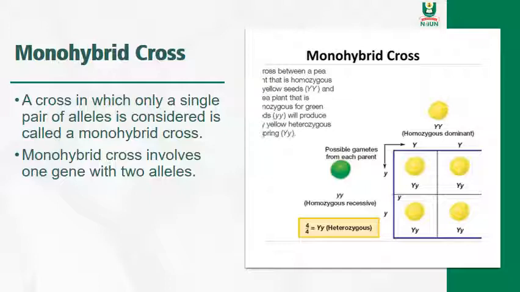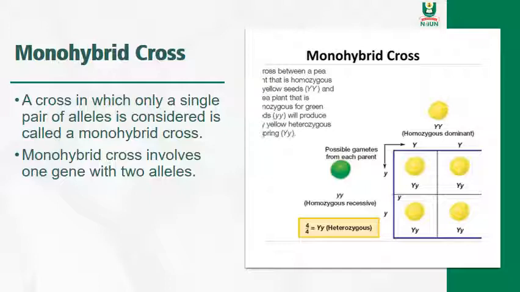This is a cross between a pea that is homozygous for yellow seeds. You can see the homozygous sign. These are the alleles that are representing the yellow seeds. And the pea plant that is homozygous for green, you can see it in lowercase y. And they will produce heterozygous offspring. This is what the heterozygous looks like.